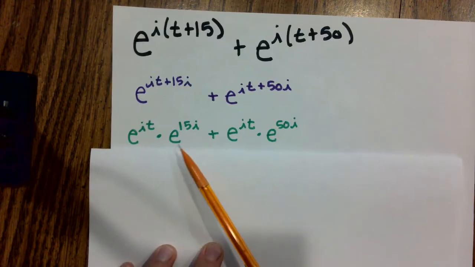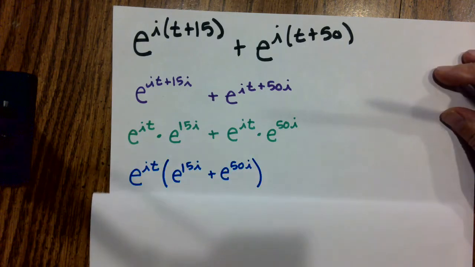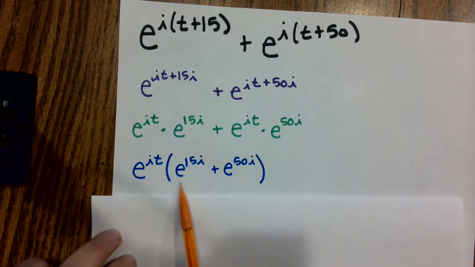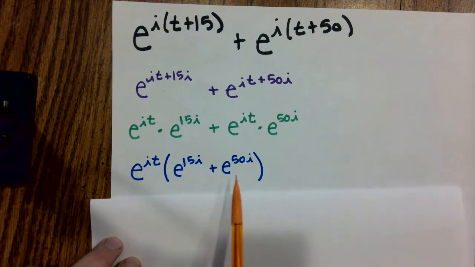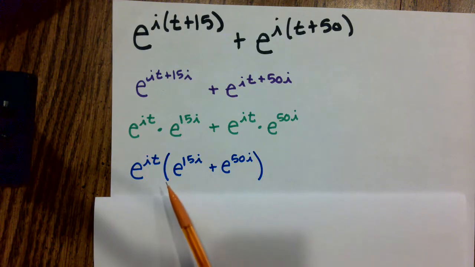One thing I noticed when multiplying with the same base is that they both have the term e^(it). So I can factor that out now. And now I have e^(it), and then on the inside, e^(15i) plus e^(50i). Now I can use this same thing, going back to that Euler's formula that I showed you at the beginning of this video.